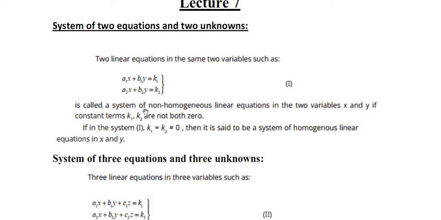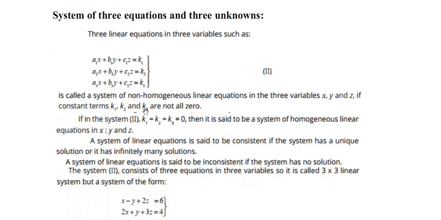Now we are going to discuss the system of three equations and three unknowns. Three linear equations in three variables, such as a1x plus b1y plus c1z is equal to k1, a2x plus b2y plus c2z is equal to k2, a3x plus b3y plus c3z is equal to k3, is called a system of non-homogeneous linear equations in three variables x, y and z if constants k1, k2 and k3 are not all zeros.